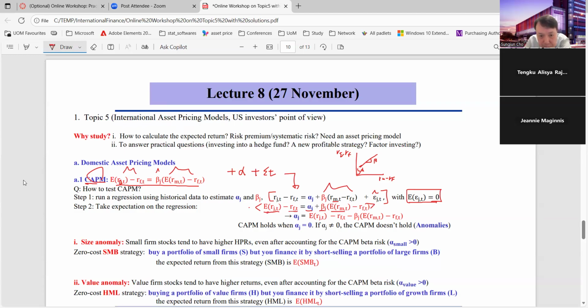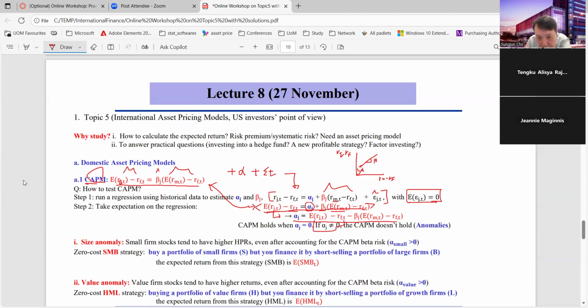Now, what is the difference between this one and the model? The difference is coming from the concept of alpha. From these equations, the expectation of the regression, we can write down alpha in this form. So what is the meaning of this one?